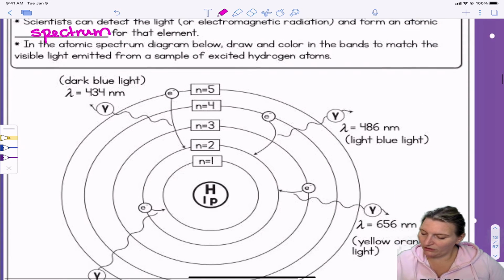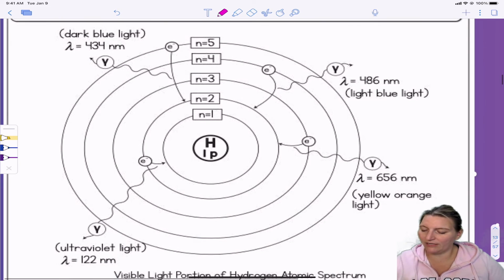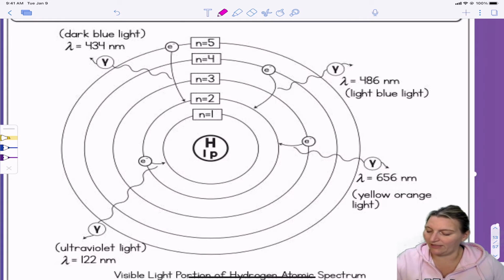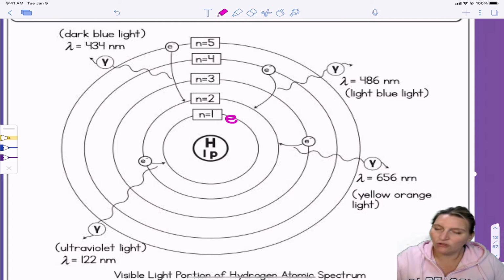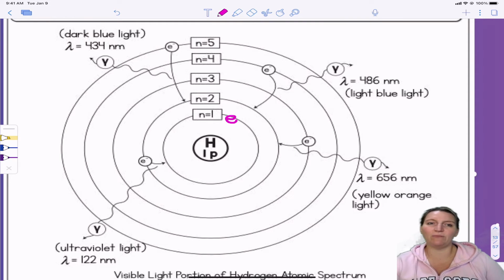And what we're going to do with this diagram is really color it in so that we can help understand what's going on. So an electron normally would live in the first energy level. So of all the hydrogen atoms in your body right now, of which there are an immeasurable number almost, those electrons are orbiting in the ground state.